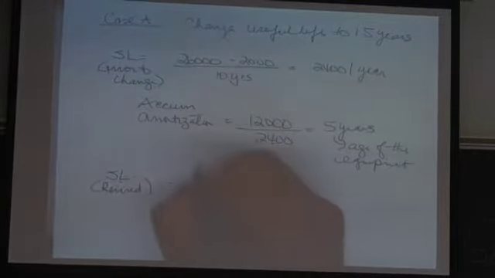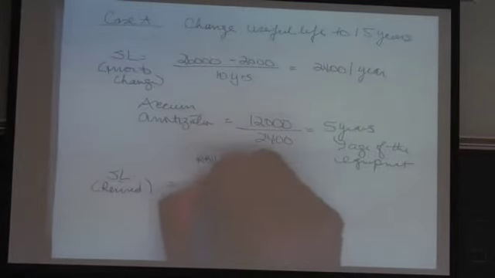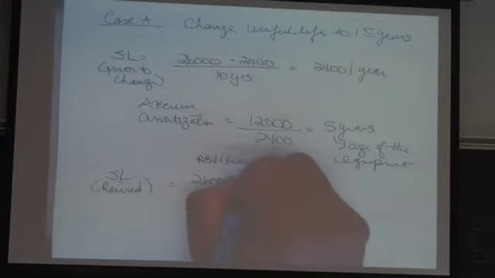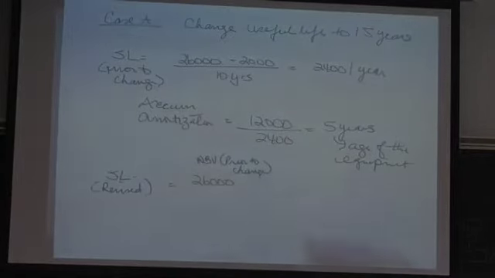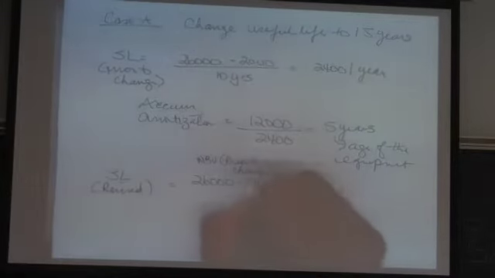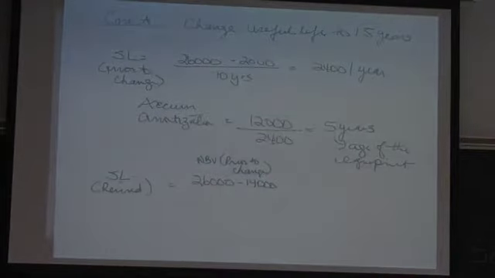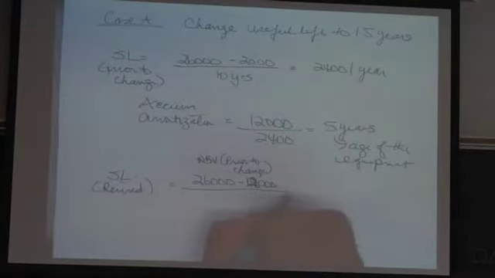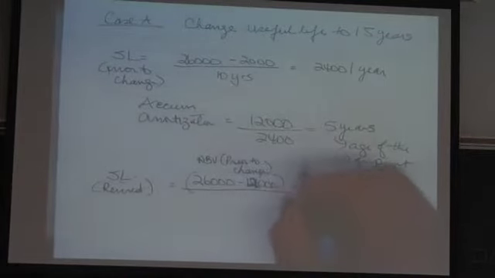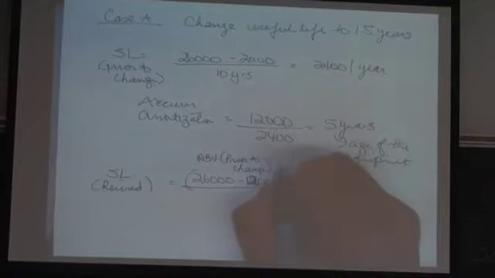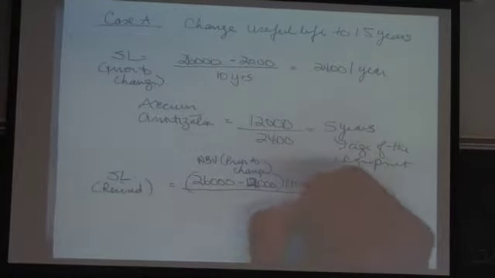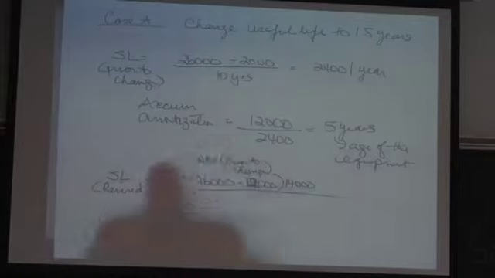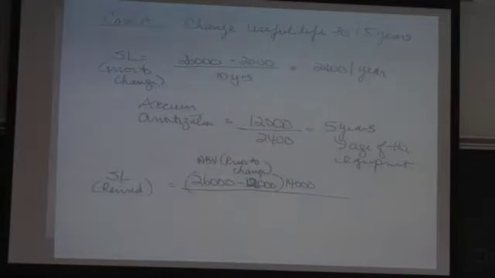So the net book value prior to change is $26,000 minus $12,000, which is the cumulative amortization, gives us $14,000. Net book value prior to the change is the first part you need to calculate.